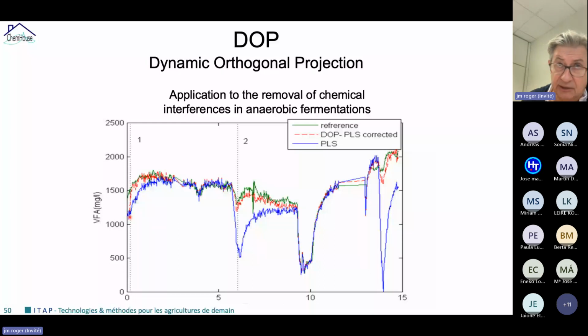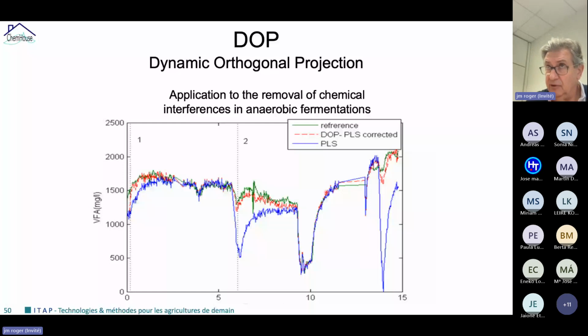We can see that we start with a bias because there is something different in the process from the calibration. We start with a bias, but after a certain time, this bias disappears. Here we have some events. Here we have an event which is ammonia addition, and we can see that with this event we have a very, very huge negative bias which disappears. Here we have rinsed the reactor, and everything starts again very, very nicely.